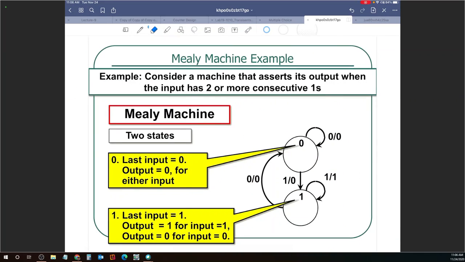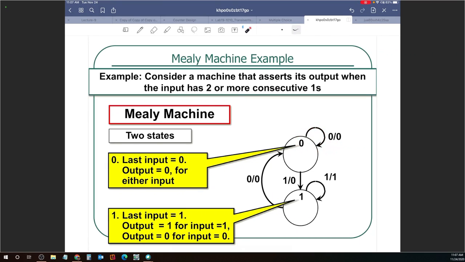The alternative is to design the same machine, but based on a Mealy characteristic. So in this case, I only need 2 states. If I am in state 0, and if I get a 0, I will continue to be over here, and my output is a 0. So input is a 0, output is a 0, and I stay there.